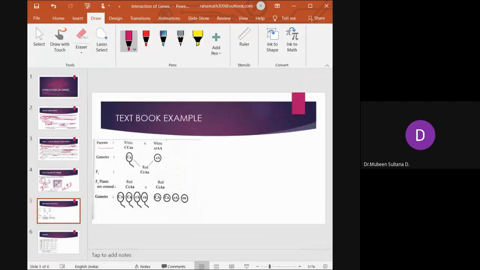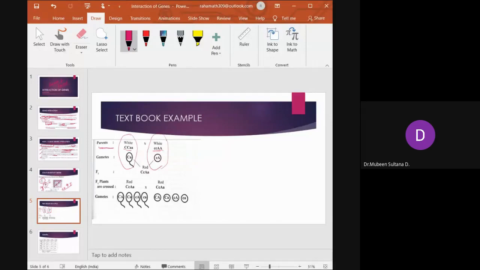When we talk about the parents, you have a white flowering plant and another white flowering plant, but the genotype of both these plants is not homozygous but heterozygous, CCAA.